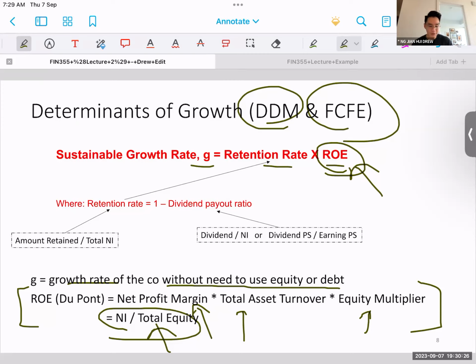So that's why I want to remind you that there's this DuPont formula. Of course, there can be a lot of variations in terms of what components they give you, and so you need to be able to manipulate the various formulas for the ratios to derive the ROE.